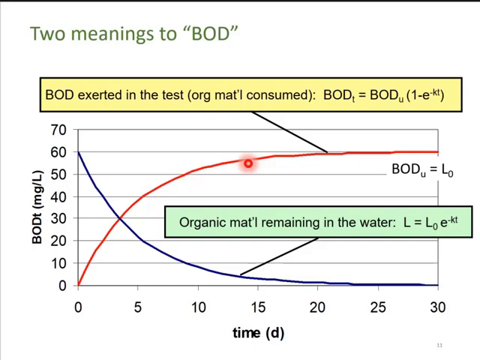You can think of BOD as a potential oxygen demand that, in the test, is exerted. It happens. And that's what we're measuring in order to discover what's in the water. And the equation that describes this red curve is this equation, and the equation that describes the blue curve is this one.